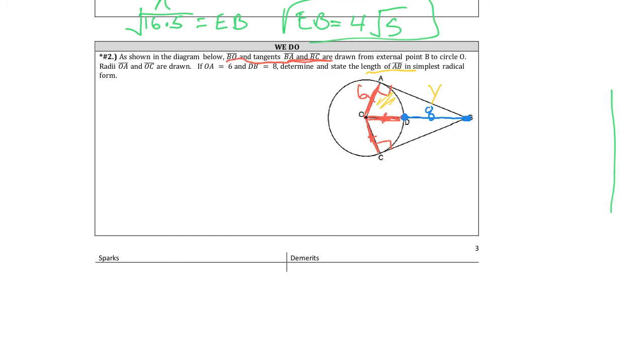So I'm going to separate out this yellow triangle so you could see it a little better. So we got 6, we got y, and then we have this line that is the hypotenuse.